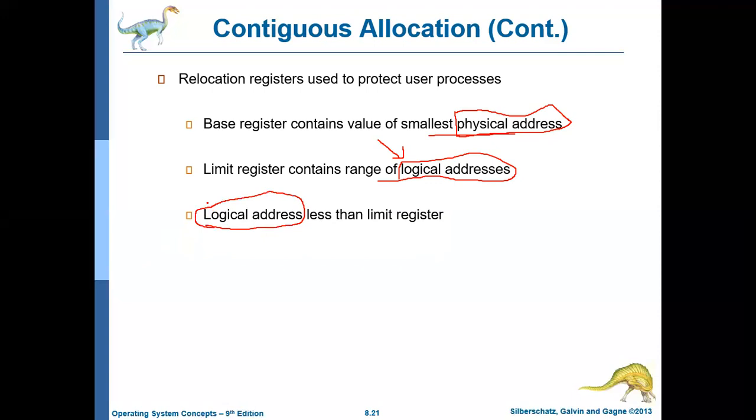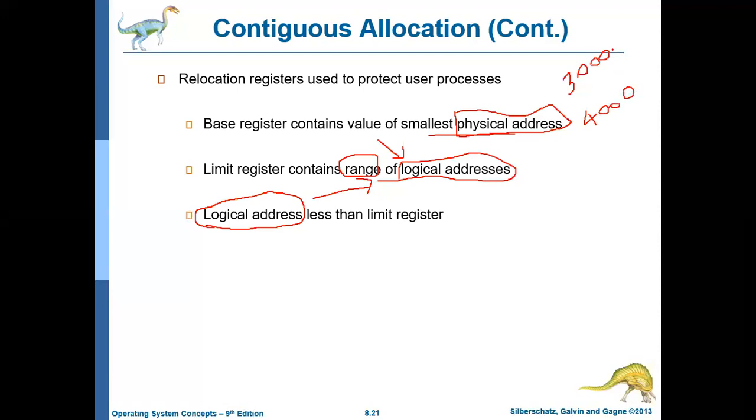Then the memory hardware will check whether the logical address given by the CPU is less than the range of logical addresses. The range is, say, process P1 can access locations starting from 3000 to 4000. Process P1 can access from 3000 to 4000.